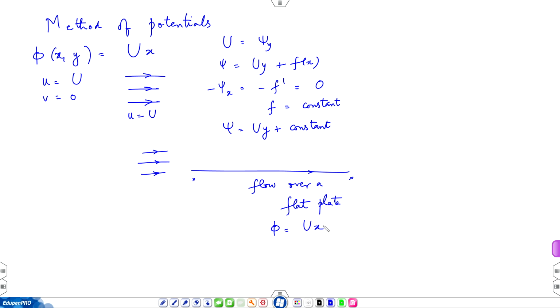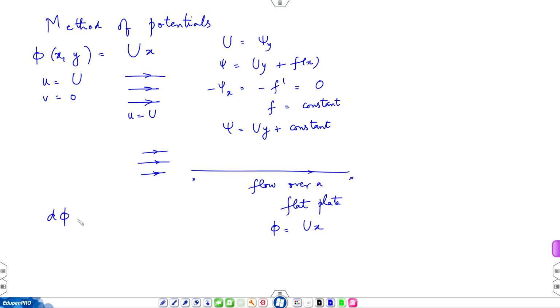And look at the constant phi lines, those are x equal to constant, those are vertical lines. And you can see that the constant psi lines and constant phi lines are orthogonal in this example, but in general they are orthogonal. How do you get the constant phi and psi lines?